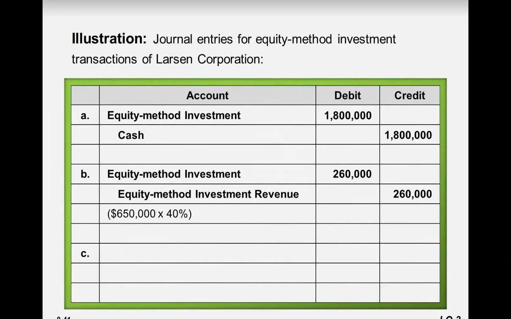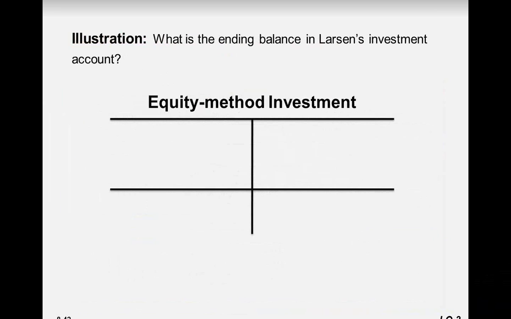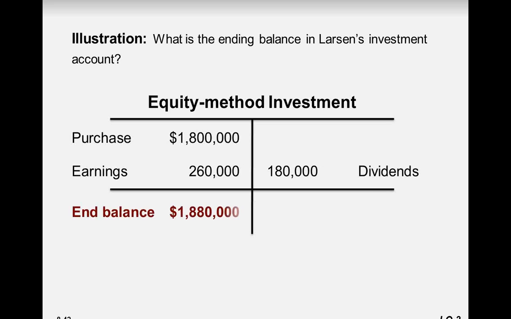We record the amount of revenue that is ours at 40%. The payment of cash dividends, we move from the investment to cash. And the balance is our purchase plus any earnings less any dividends paid to get the ending balance of $1,880,000.